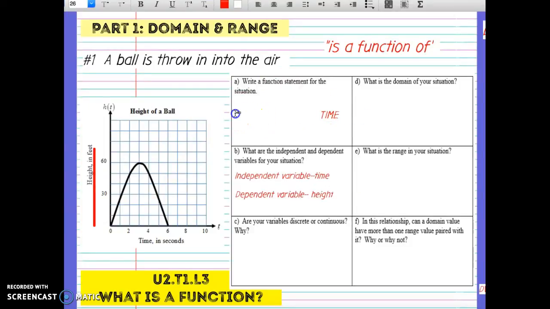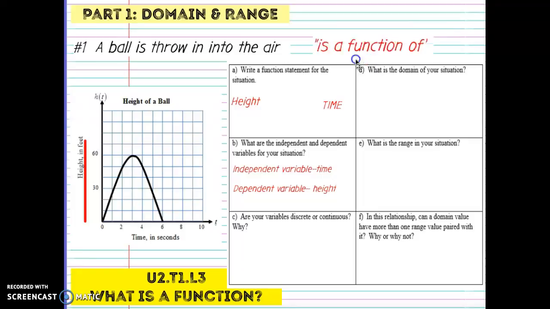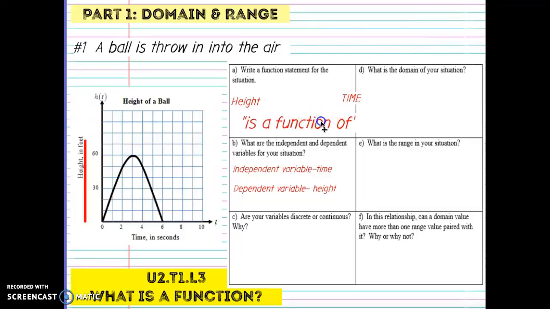So what depends on time? The height of the ball. So I can just simply move height down, and move is a function of down here, and height is a function of time. The height of the ball is a function of the amount of time it's spent in the air.